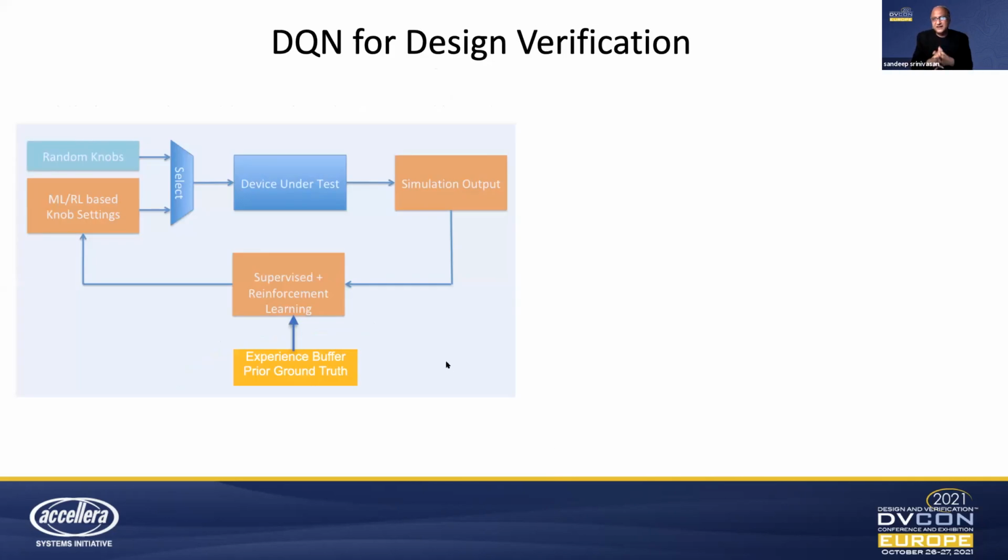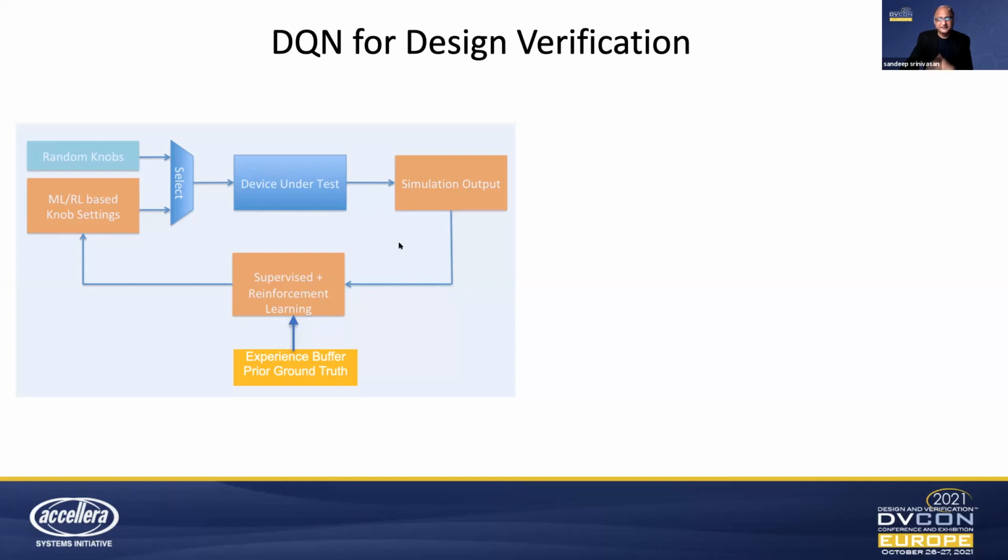So now we apply the same DQN for design verification. And the setup for DV, for design verification, is depicted by this diagram on the left, where you have a design under test, and then you've got an initial random knob settings for the device under test that then goes into a simulator, and the simulator output then goes back into the reinforcement learning agent, which produces the next set of knobs to feed back into the simulator.